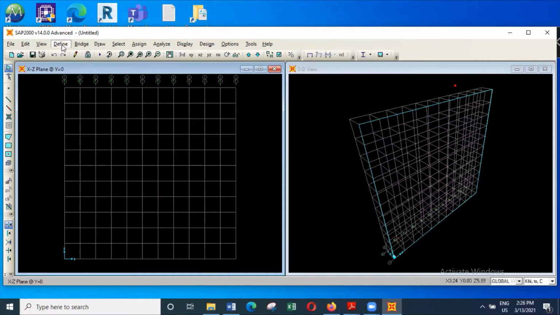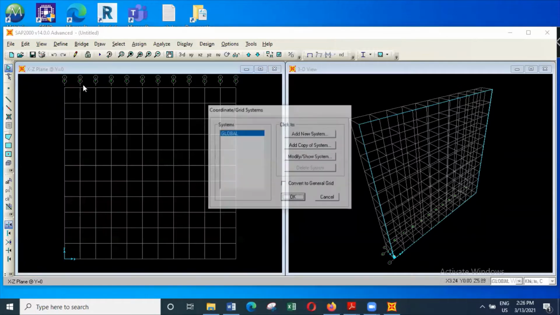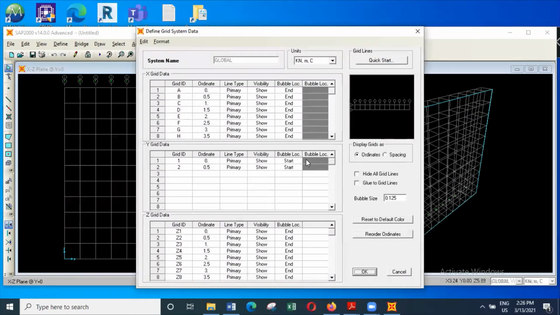So what I can do is I can go there and can say spacing rather than coordinates. And if I go to the end, so this looks like, it's starting at 0.